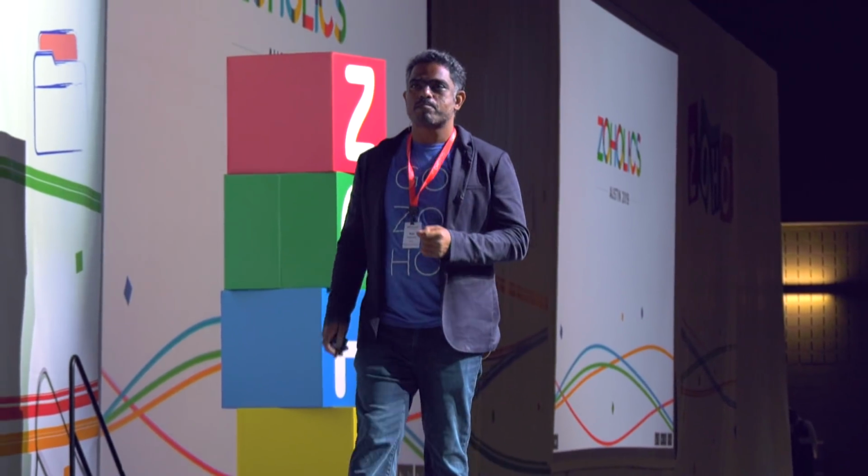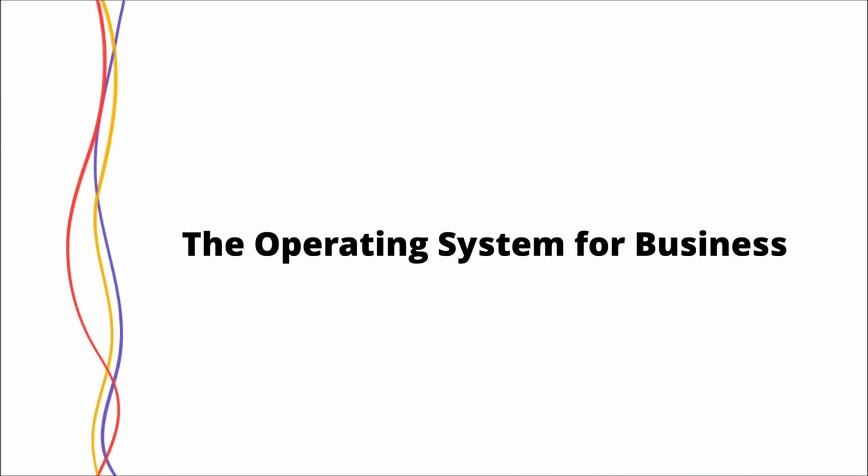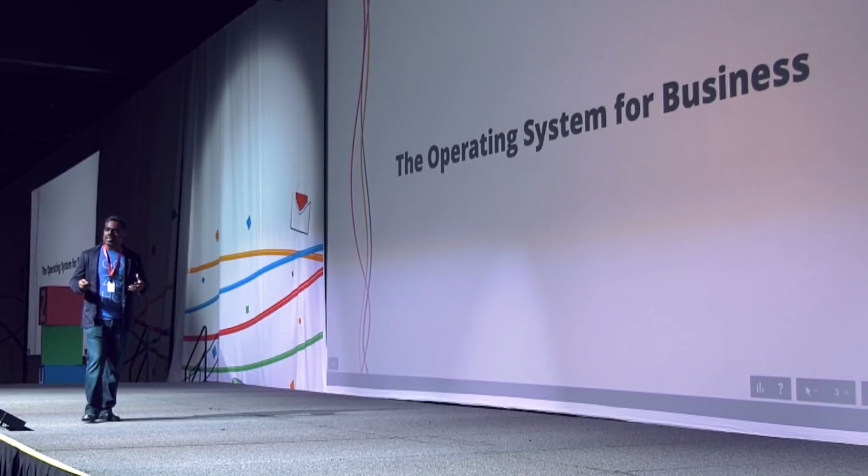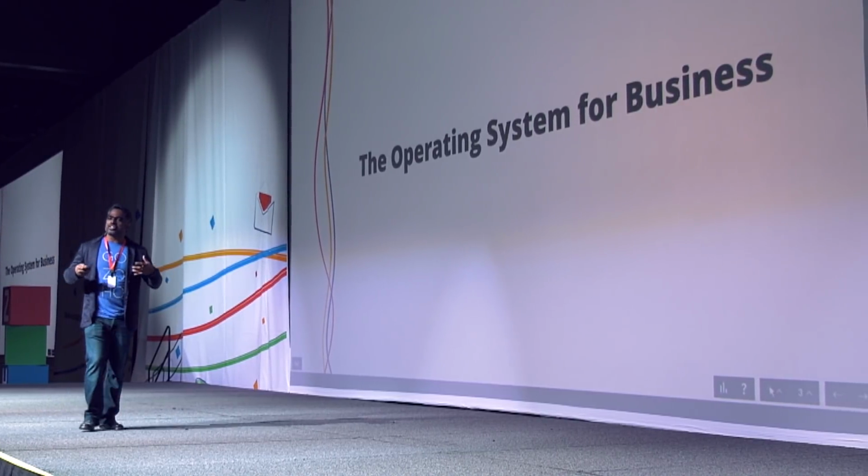So, as Sridhar mentioned, we are building the operating system for business. What that means is we are building the fundamental framework over which you can run an entire business. That means we need applications and tools that can help you run your marketing, run your sales, run your customer support to offer great customer experiences.